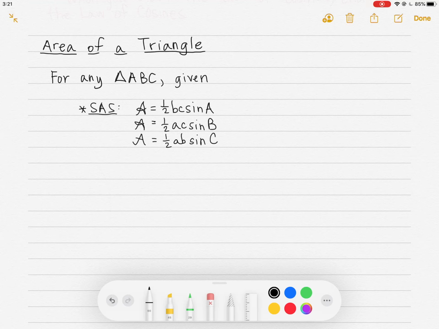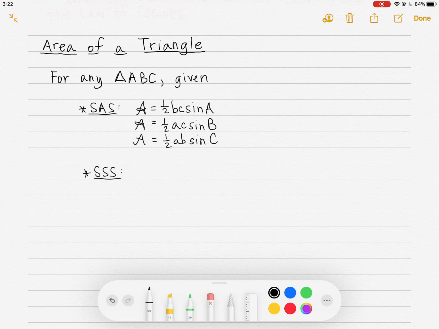Okay, the other situation that you can be given is side, side, side. When you are given side, side, side, A, B, and C are the sides of a triangle.